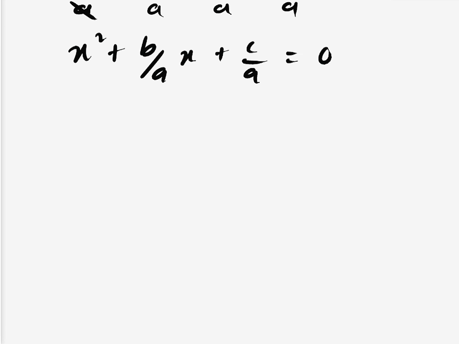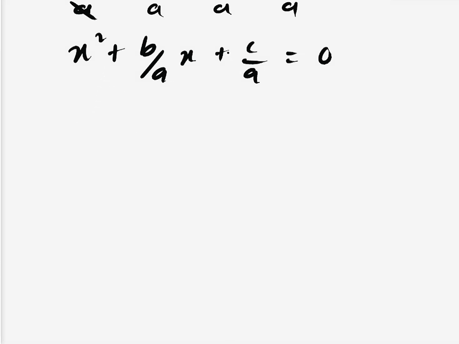So first of all, we need to introduce a perfect square to the left hand side. But there is a value already here, and the constant is c over a. So we need to take away c over a from this side to the other side so that we can put in the value that makes this equation a perfect square.